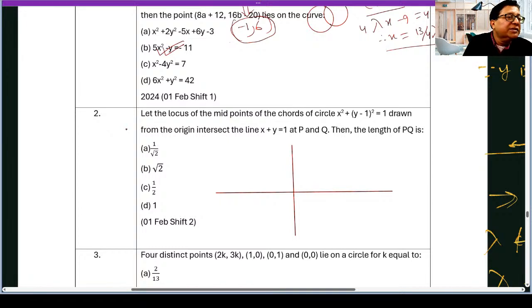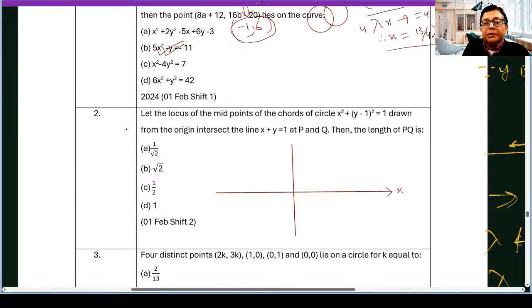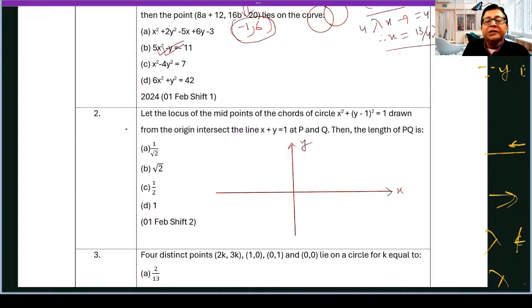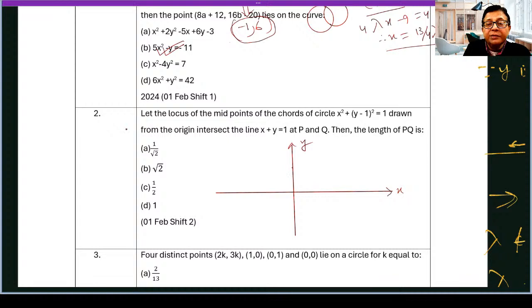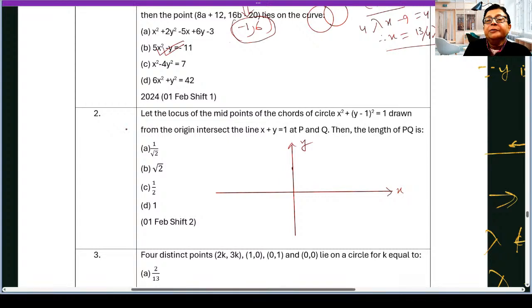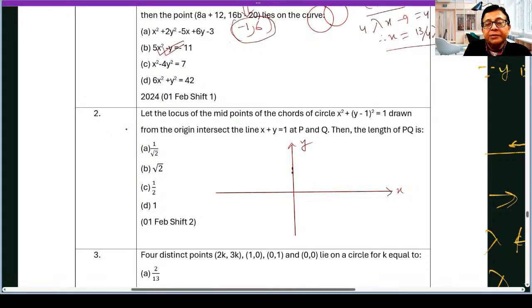Let us draw this circle. In coordinate geometry, drawing the figure will always be of great help. What is the coordinate of the center here? 0, 1. And if you make the square, you will find no constant term is there. It's passing through the origin. Am I correct?